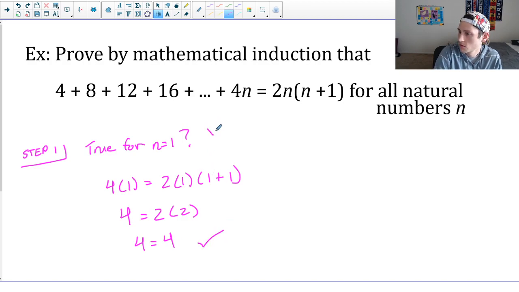So yes, this is true for the most basic case. Step one is proving that if I set up a single domino, that first domino, and I push it, will it fall over? Yes, it will. Great.